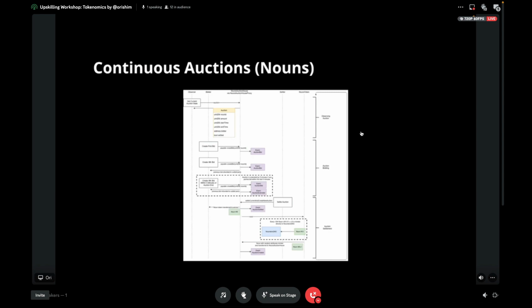There are only going to be 365 of these NFTs minted every year. One is minted per day, and every day, anyone can buy it. Once you buy it, the money goes into the Nouns treasury, and then the Nouns NFT holders collectively govern that treasury. One NFT, one vote. That's a very bare bones generic mechanism.